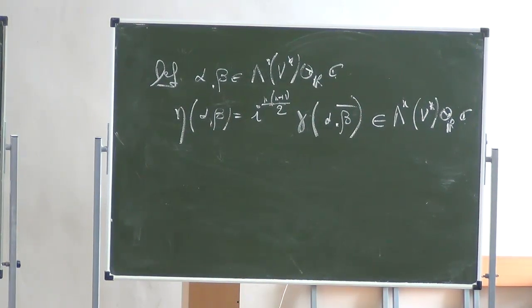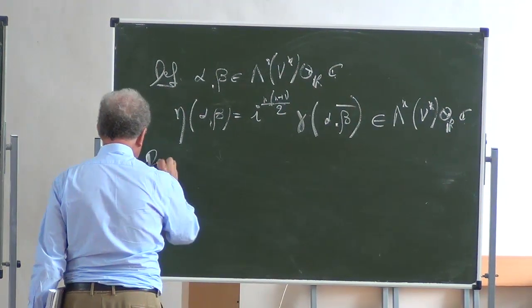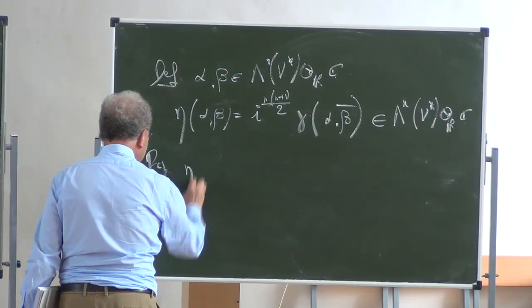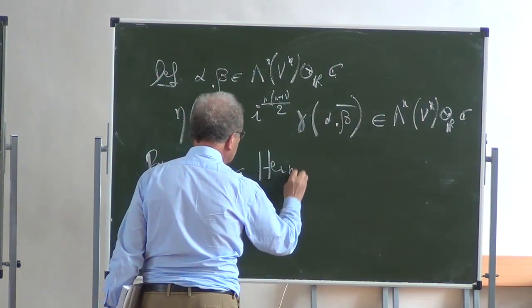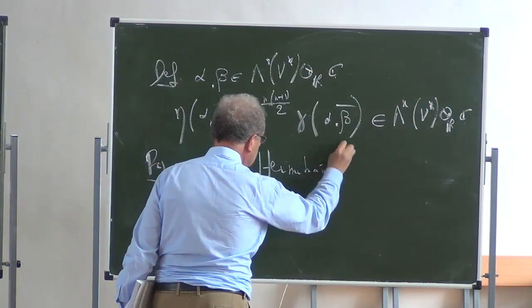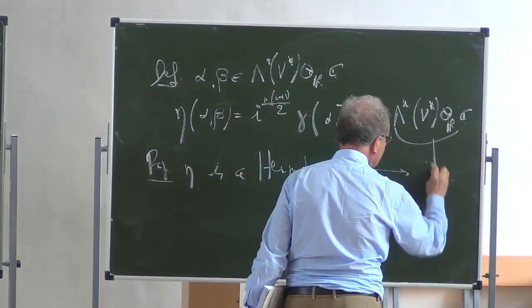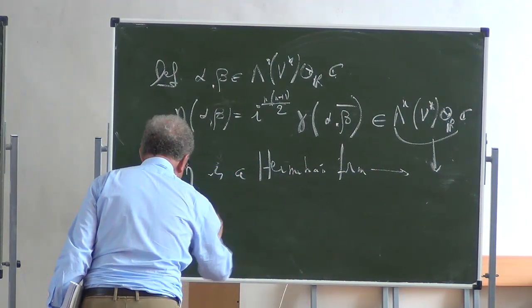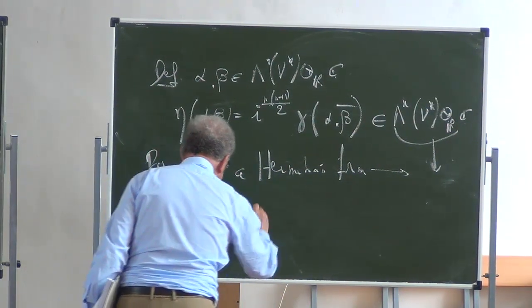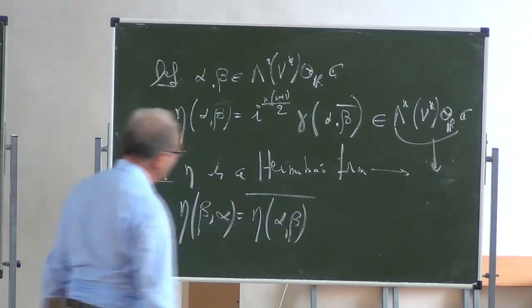It's very easy to see, that's a proposition, that eta is a Hermitian form with values in this space. So what this means is that eta of beta and alpha is equal to eta of alpha and beta bar.